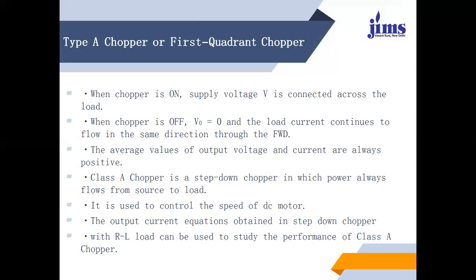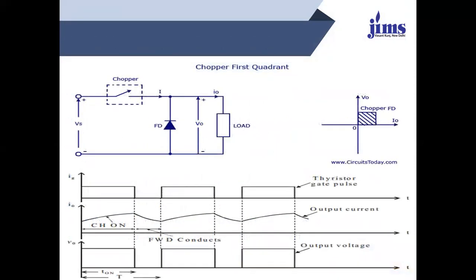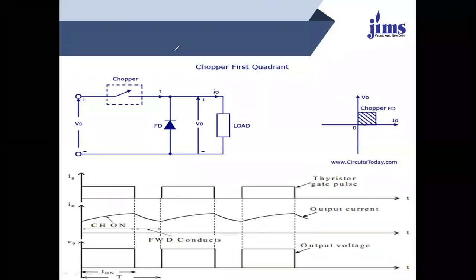The output current equations obtained in step-down chopper with RL load can be used to study the performance of Class A chopper. This will be the diagram which will indicate the class A type chopper. Over here you are finding that this is the switch which will work as a chopper.